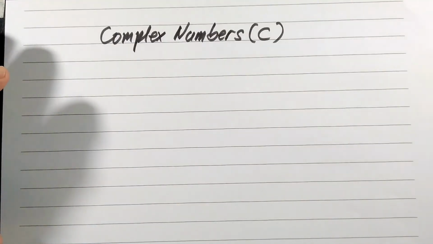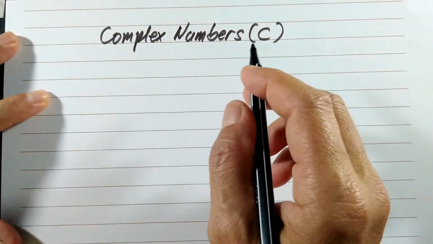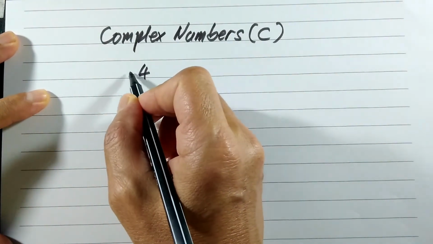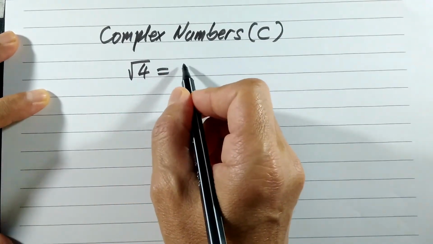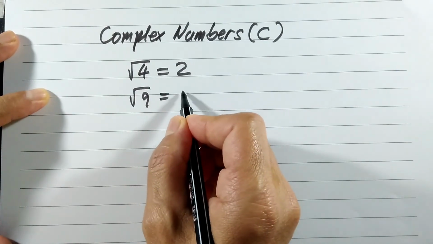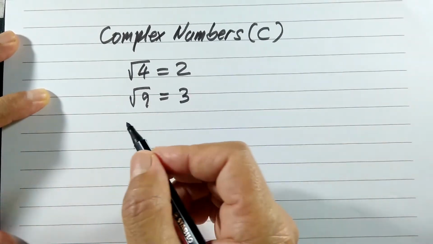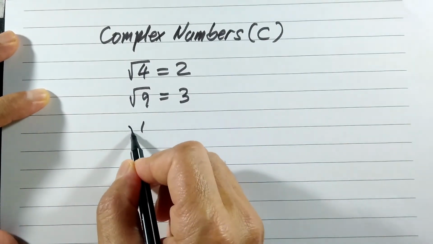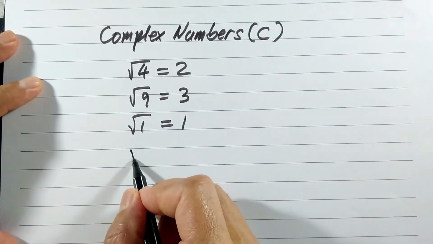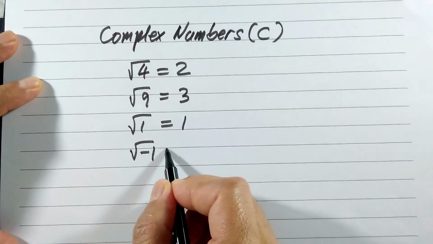Now, let's discuss another set of numbers we call complex numbers. Before we do that, let's recall square root of 4 is equal to 2. Square root of 9 is equal to 3. Square root of 1 is equal to 1, right? How about square root of negative 1?